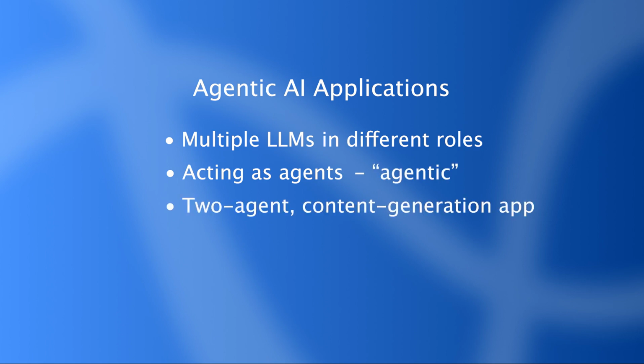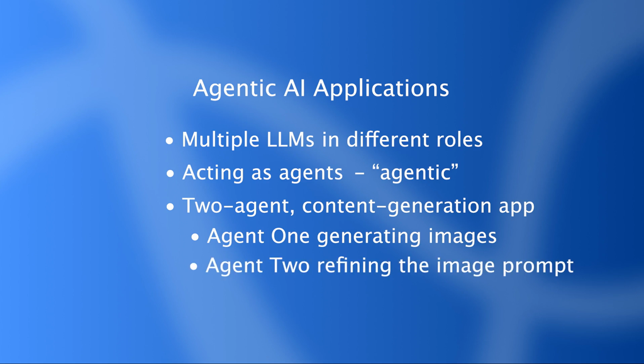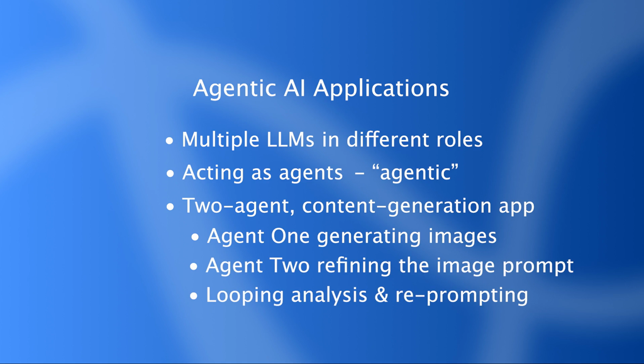Here, we will build a two-agent content generation flow, with one LLM tasked with generating a requested image, and the other helping the user review that image, constructing an improved prompt that is looped back to the image-generating LLM to create an improved version. We go around this loop until the user is satisfied with the result.